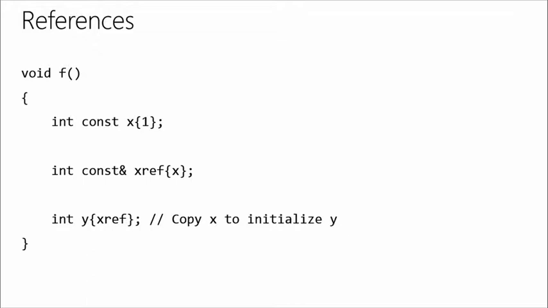Here, for example, we're using x to initialize y. Now, this might not seem very useful for integers, and indeed it's not particularly useful for integers, but it is more useful for class types where you may have const member functions and you want to pass a class by reference and only be able to call const member functions.